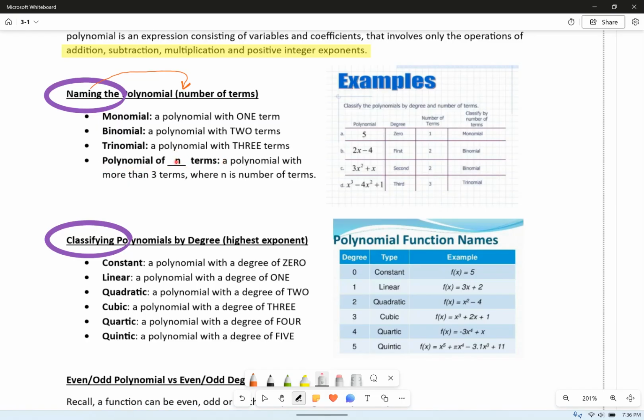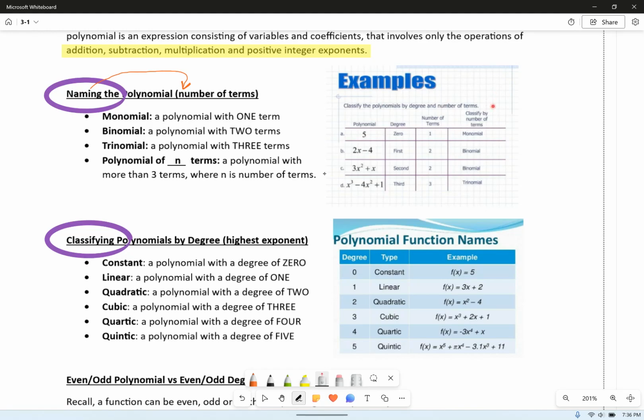Over to the right, we have some examples already worked out. Notice the second column, the degree column. Hold off on that a second and just focus on the given polynomial, how many terms were counted, and then the classification name.